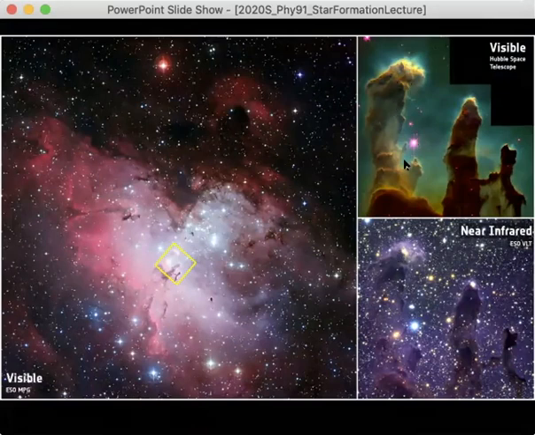In the top image, it's just the colors of the rainbow, and there's so much stuff here that it appears dark. We can't see. It's like a thick fog. But if we look using different kinds of radiation, you can see at the very tips of these pillars are very, very bright objects in the infrared. And those are actually where protostars are forming and will eventually become new stars.